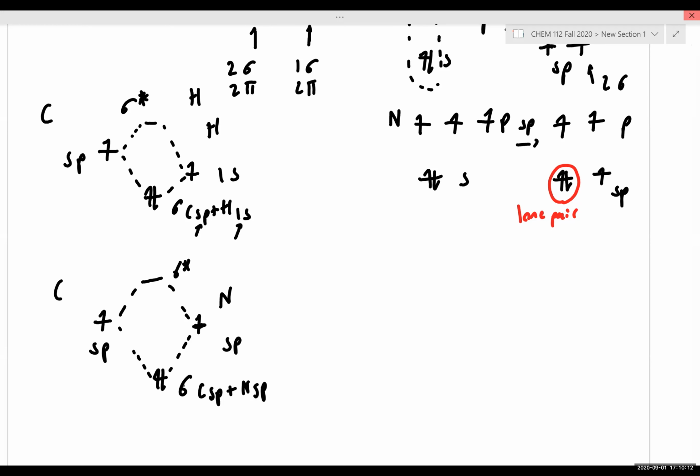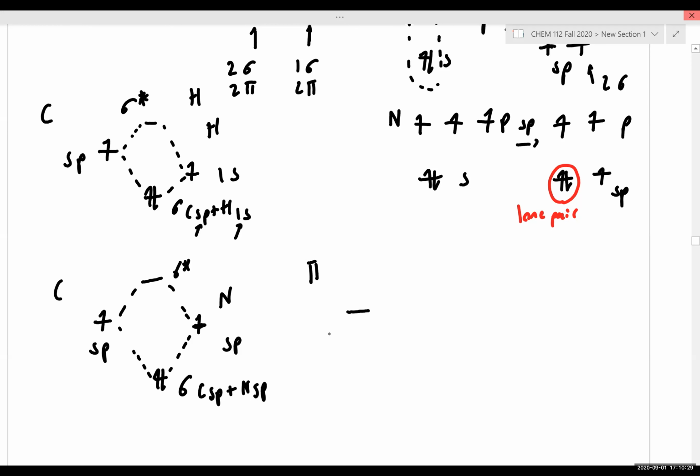Now, more interestingly, at this point, we've so far been describing our sigma bonds. Let's start to describe our pi bonds. And for our pi bonds, there are two possible geometries.